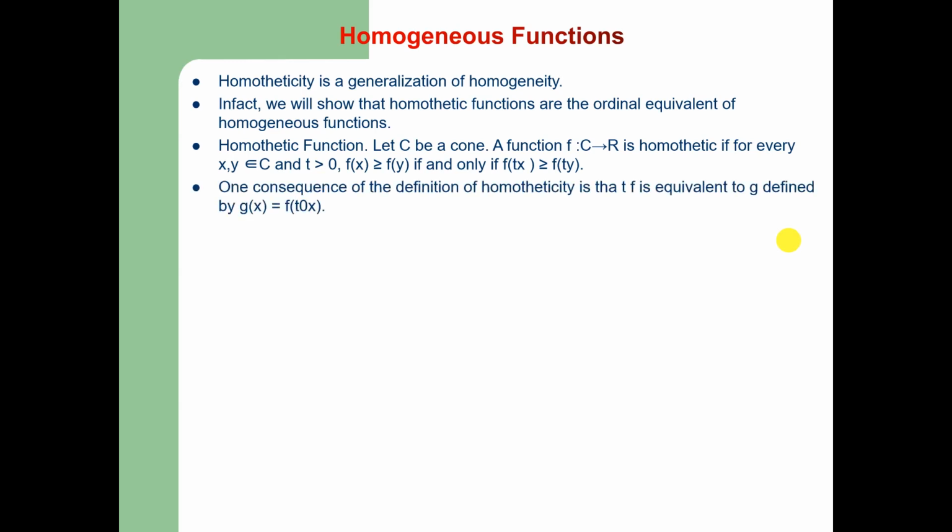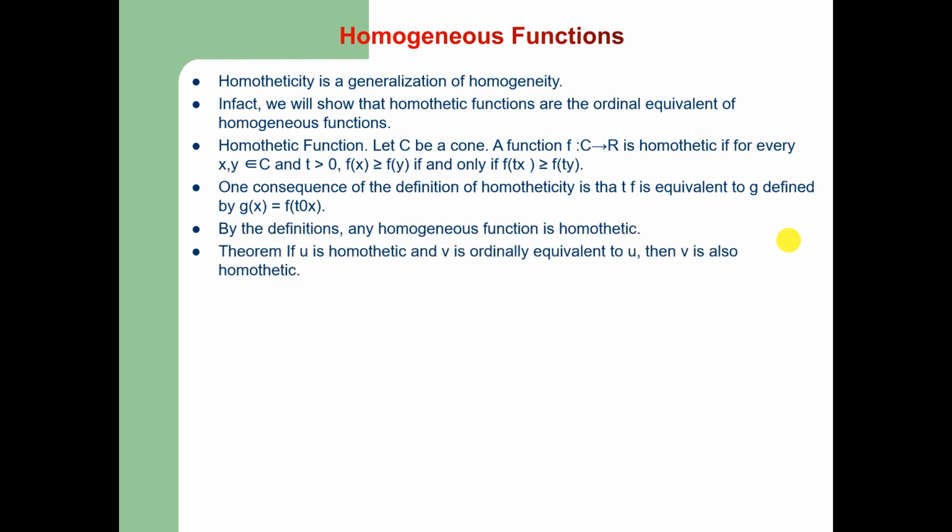One consequence of the definition of homotheticity is that f is equivalent to g defined by g(x) equal to f of tx. By the definitions, any homogeneous function is homothetic.